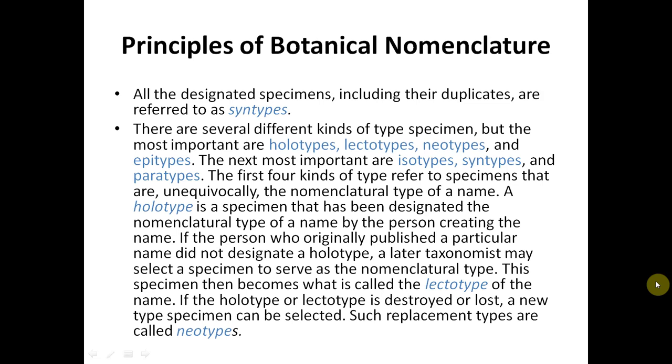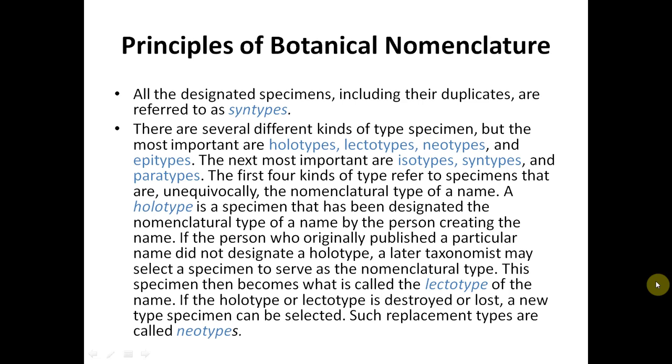And if it is absent, if the author did not specify any holotype, then the next author who collected that plant and preserved it in the form of a herbarium, that sheet is called a lectotype. So this is an alternative nomenclature type.